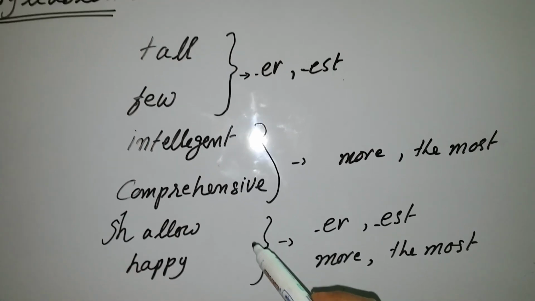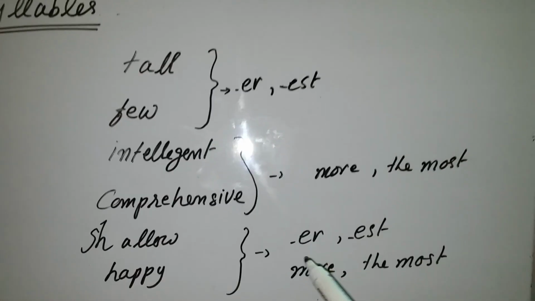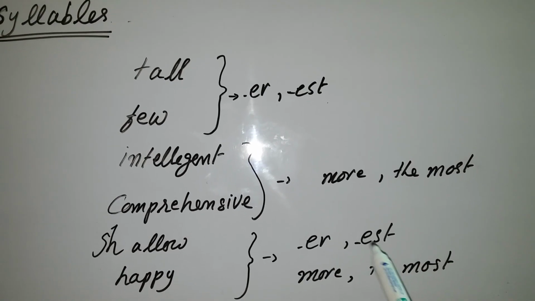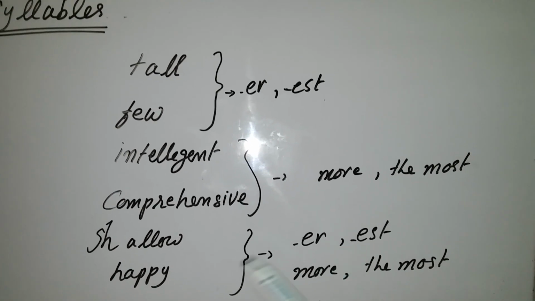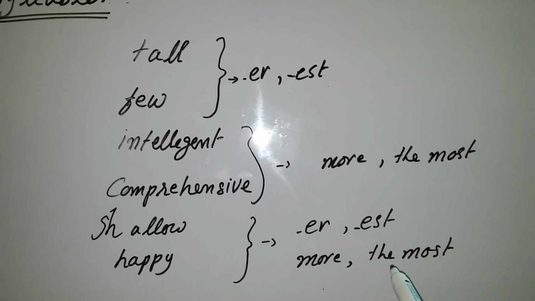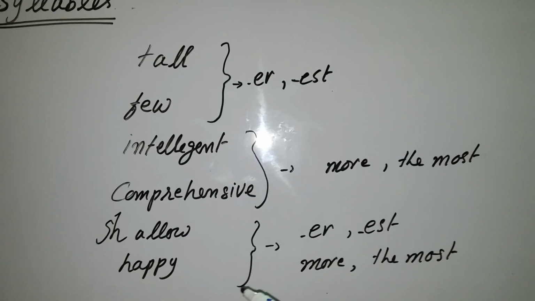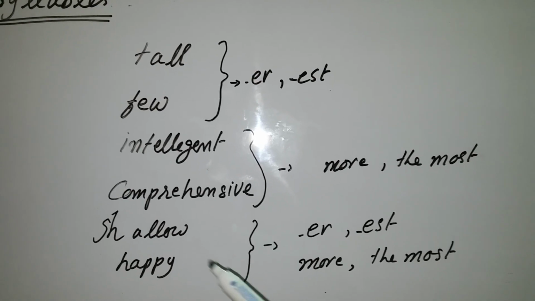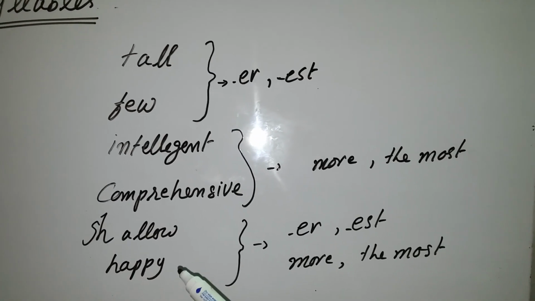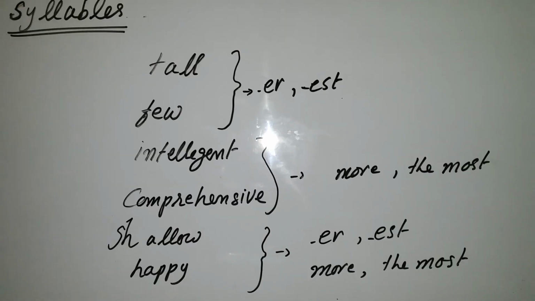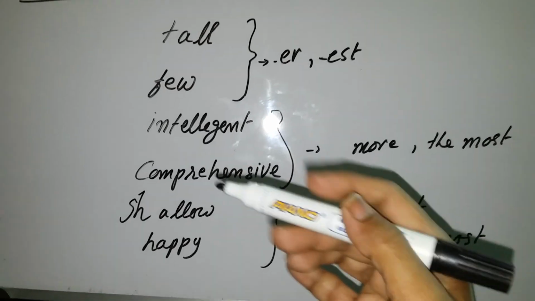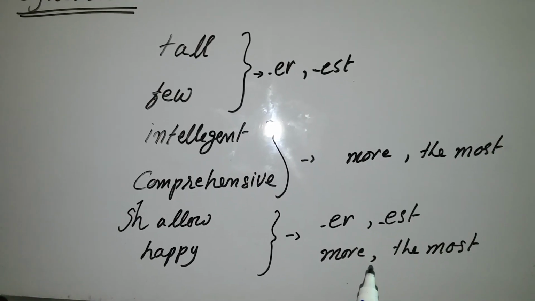We can convert them into second and third degree also by using er and est after them, shallower and shallowest, happier, happiest, and we can also use more and the most before them. How? More shallow, more happy. The most shallow, the most happy. So in this way we can convert the first degree of an adjective into comparative and superlative.